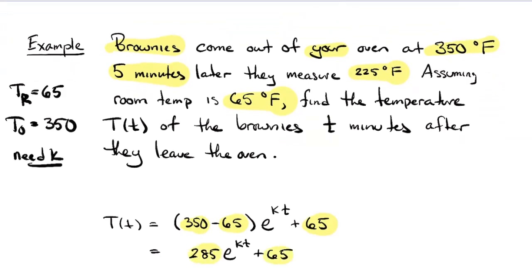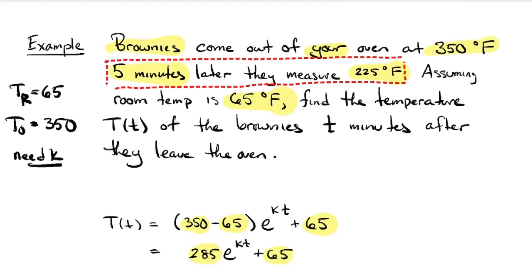Okay. So how do we find K? Well, to find K, we're going to use this fact that 5 minutes later the brownies were 225, right? Because what does that fact tell me? We were given that when you plug in 5 for t, little t, the output should be 225.